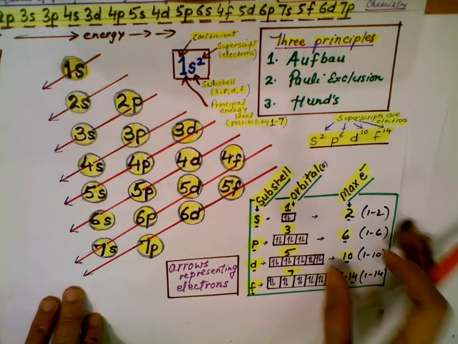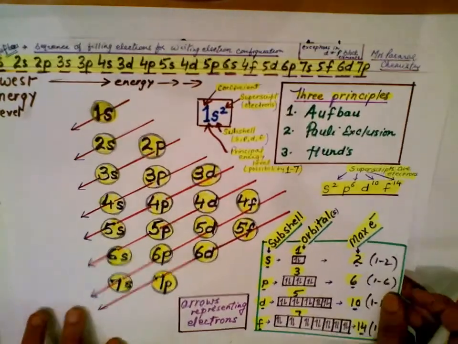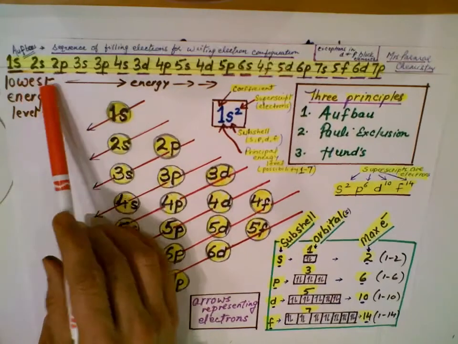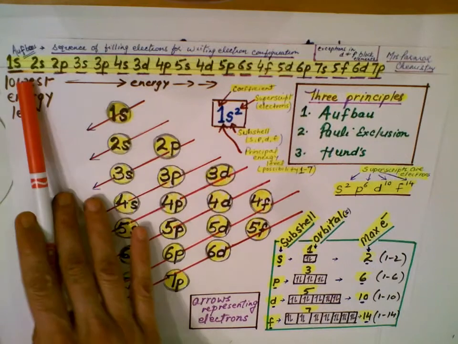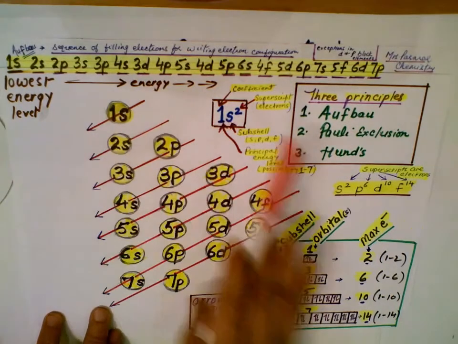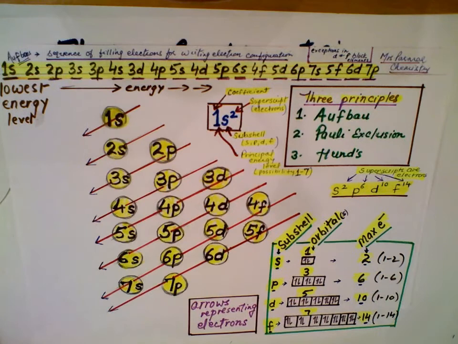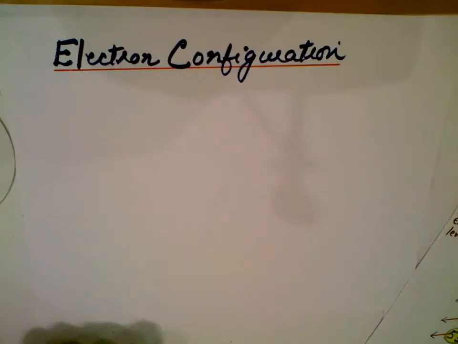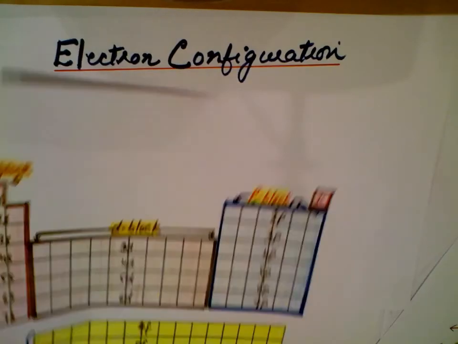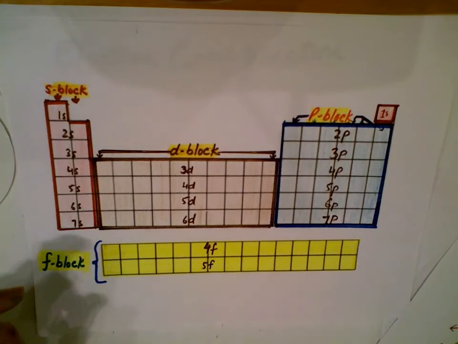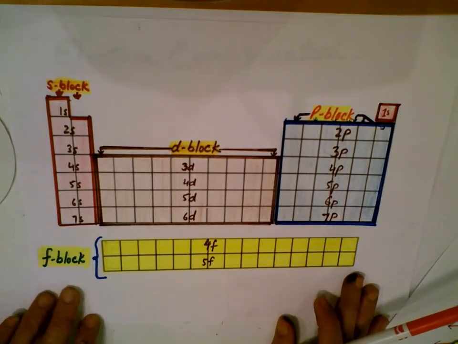You do not have to actually memorize this sequence. As you write electron configurations repeatedly, you will know the sequence a little bit yourself. Also, depending on the type of subshell being filled, the periodic table is divided into 4 blocks.